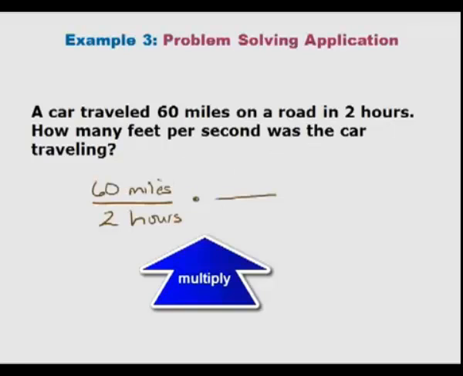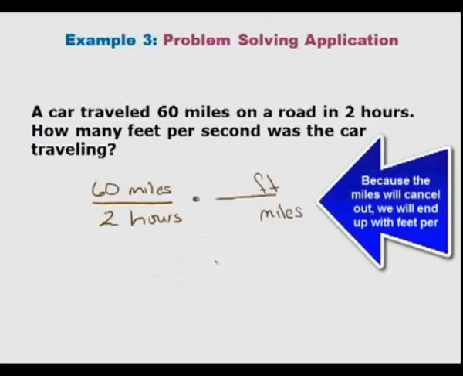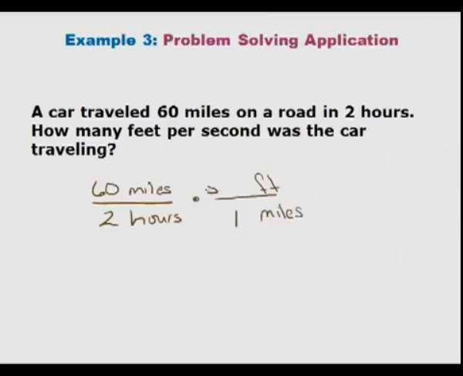Now to change miles to feet, miles is on top right here. So we're going to put miles on the bottom, and we're going to put feet on top. And I chose miles on the bottom so that we can eventually cancel those 2 units out. And that's how we know how to set this up. So in 1 mile, there's 5,280 feet.